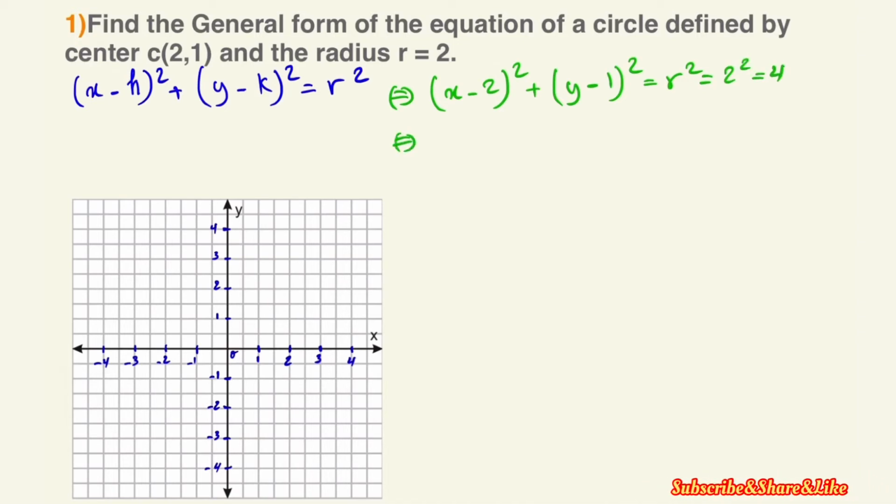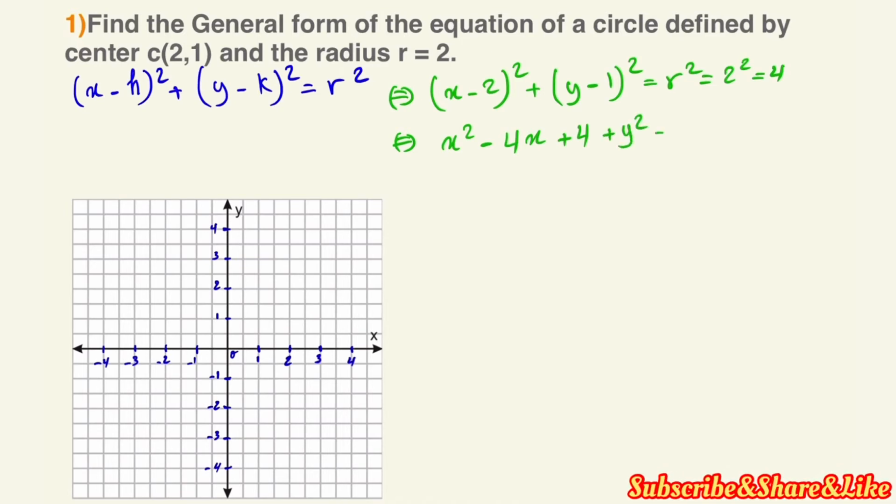What we're going to get, let's distribute everything. We will have x squared minus 4x plus 4 plus y squared minus 2y plus 1 equal to 4.